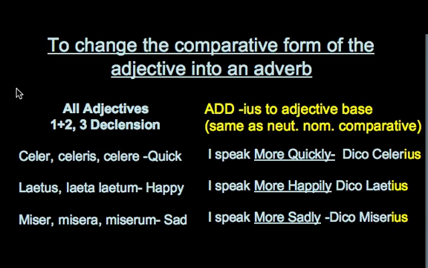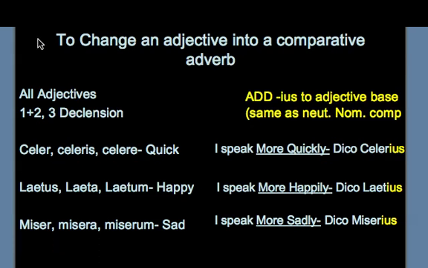Alrighty, to turn a comparative form of an adjective into an adverb, you're going to do the same thing for all your adjectives. So it doesn't matter if it's a first and second or a third declension. Same formation. All you're going to do is add ius to the adjective base. And when we say comparative adverb, we don't just mean quickly, we mean more quickly.